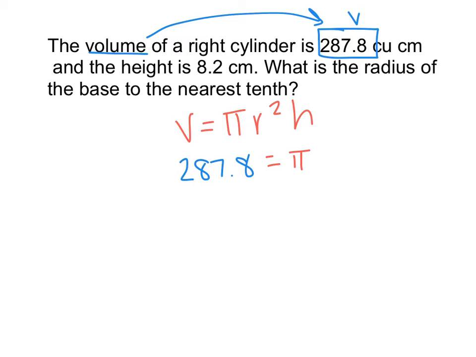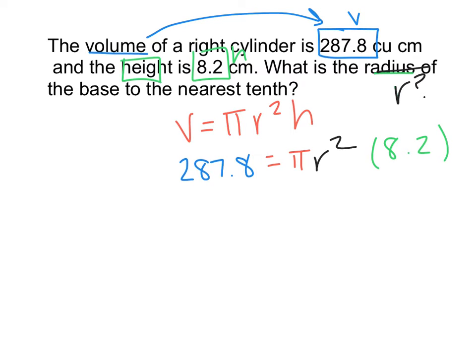equals pi. The height is 8.2 centimeters. What is the radius? That means I don't know what my radius is, so I want to solve for my radius. So I just write out r squared and then my height of 8.2.